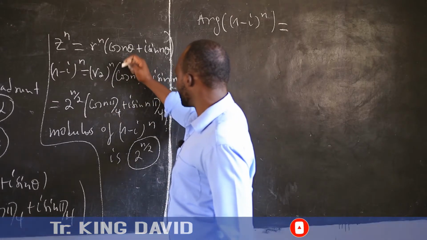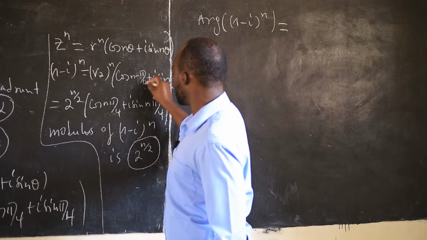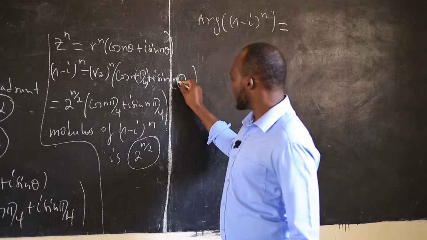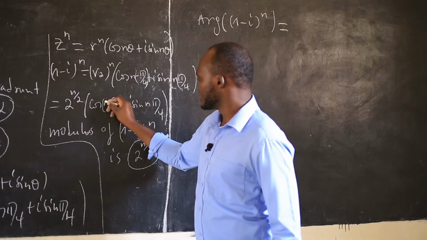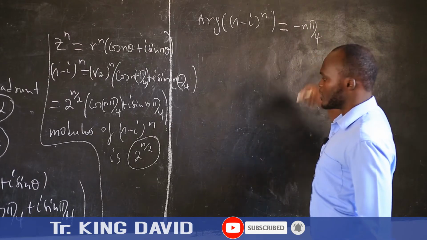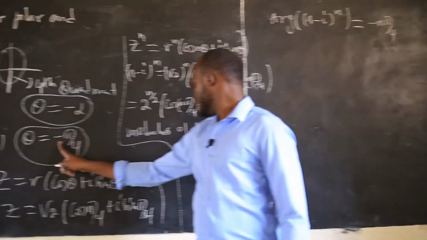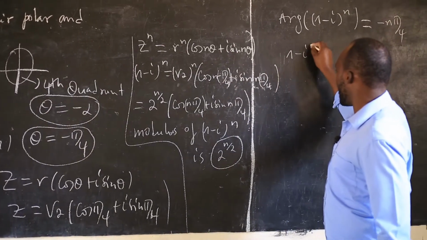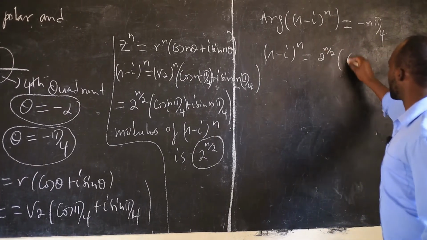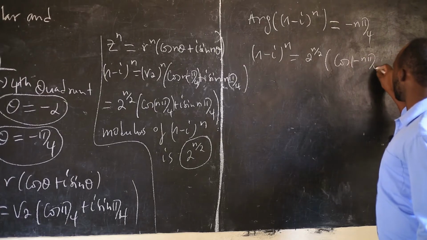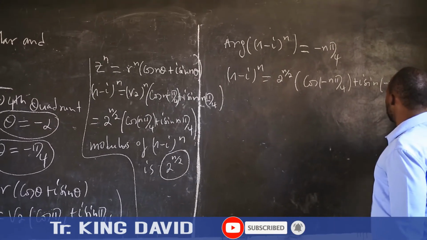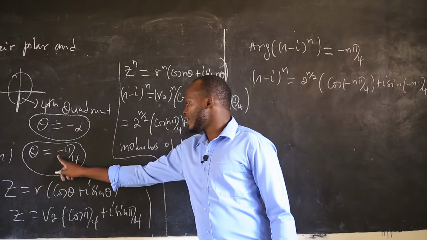This angle has a minus, it is minus pi over 4, and here we have a minus too. So our angle is negative pi over 4, because our angle here is negative, which means (1 minus i) power n is 2 power n over 2 into bracket cos negative n pi over 4 plus i sine negative n pi over 4, because our angle is negative.